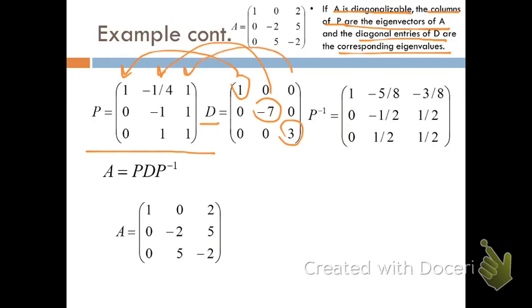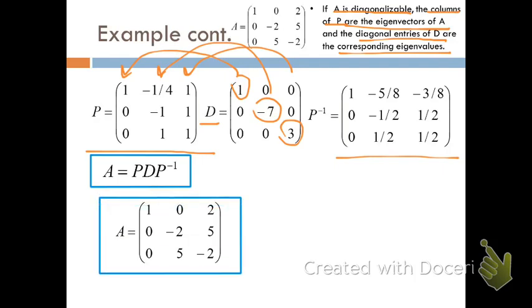And we saw in a slide from the last video that if A is diagonalizable, then A is equal to P times the diagonal matrix D times P inverse. We can find P inverse by hand or use math software, such as MATLAB. Multiplying through, we notice that indeed we get the original matrix A that we started with.